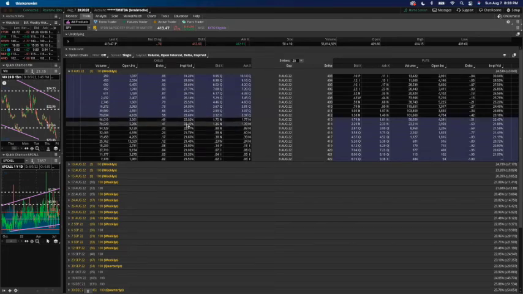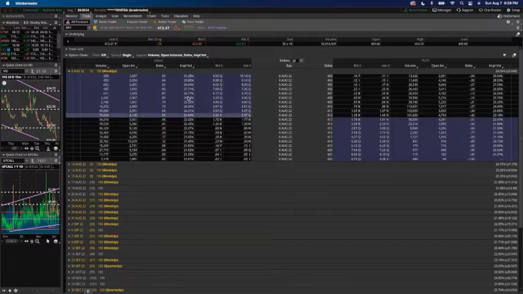Now, let's say we have a large pullback and less people are buying calls, then this is going to decrease, and you're going to lose more money than just the stock price falling in itself. So that's the idea. Okay. So that is the concept of this.